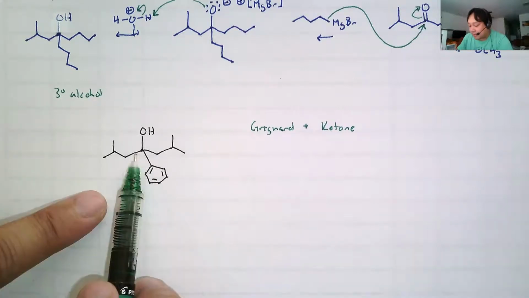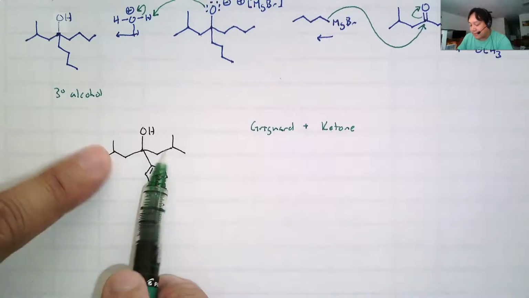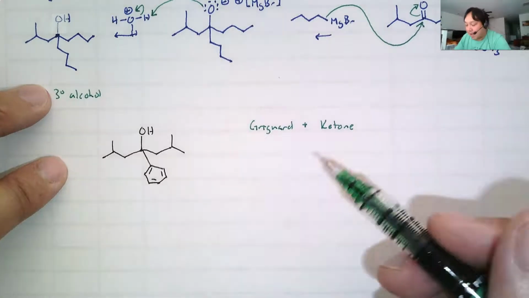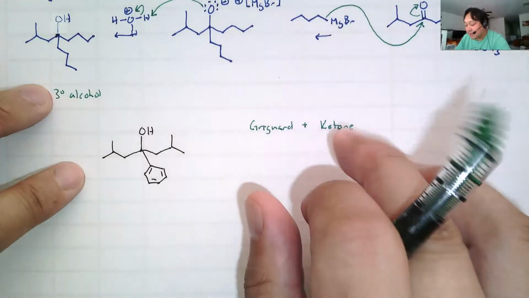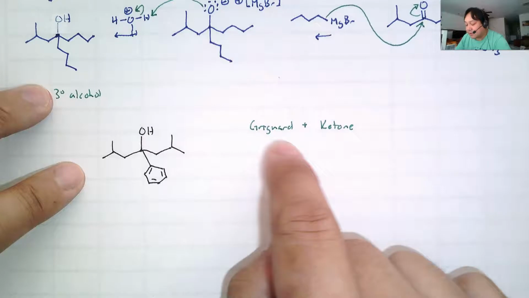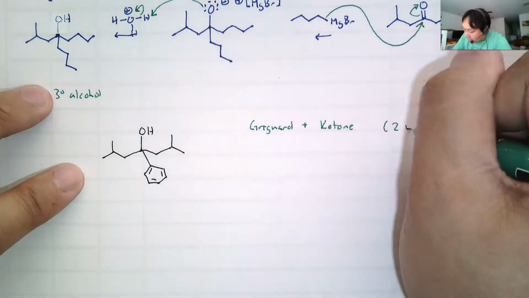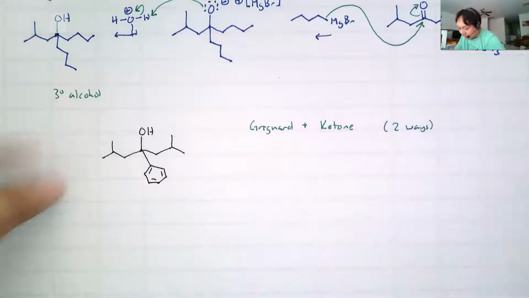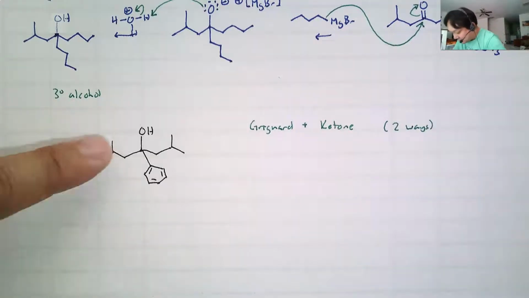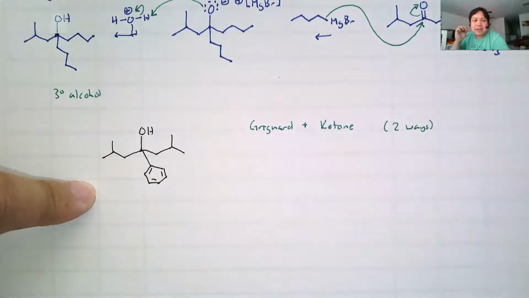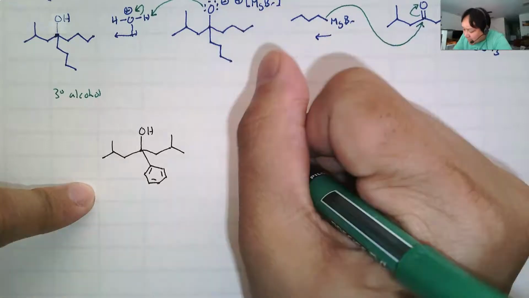But because bond A and bond C are to the same group, those are identical reactions. I would say that there are two ways that you could use a Grignard and ketone to make this molecule. Can you come up with those two ways? Let me just double check if I'm right. Yeah, two ways. The other thing is, could you make this via a Grignard plus epoxide?